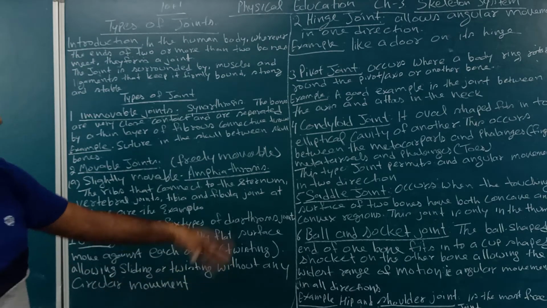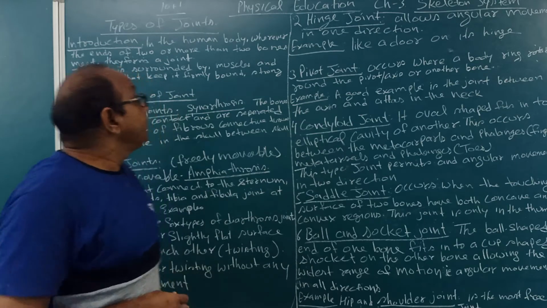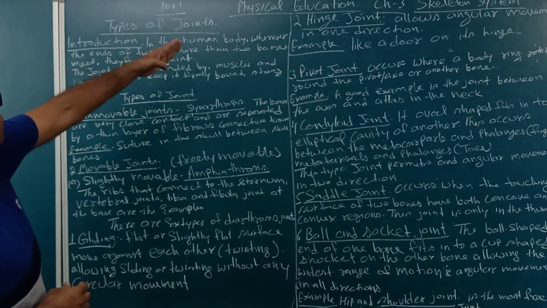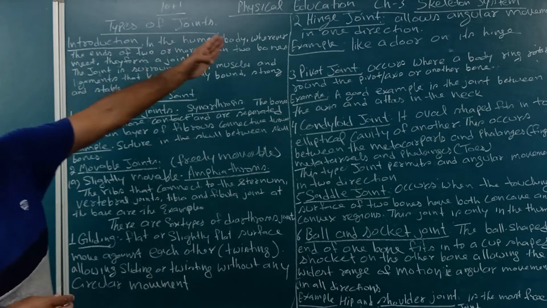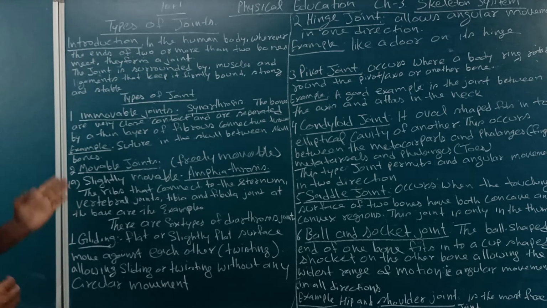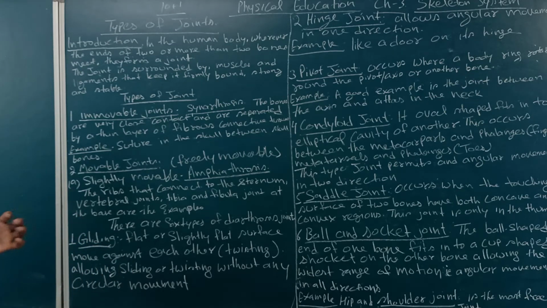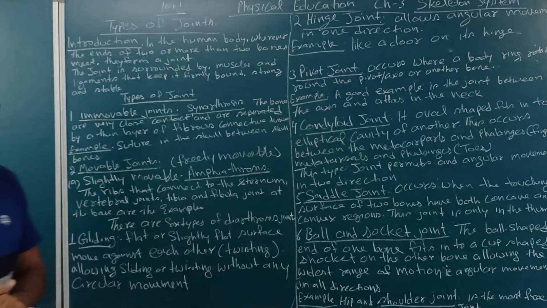Again, I am going to discuss it in short. First of all, we have to know about the joints. Joints, what are they? Actually, in the human body wherever the ends of two or more bones meet, they form a joint. And this joint is surrounded by muscles and ligaments that keep it firm, strong, bound and stable.